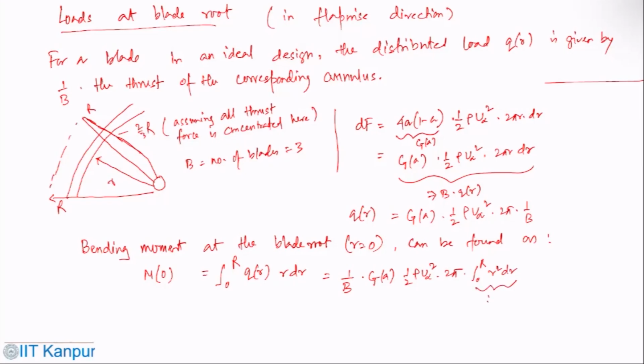So this is R cube by 3. So what we have is 1 by B, C_T A, half rho U infinity square, into 2/3 pi R cube, which is 1 by B, 2/3 R, C_T A, half rho U infinity square.